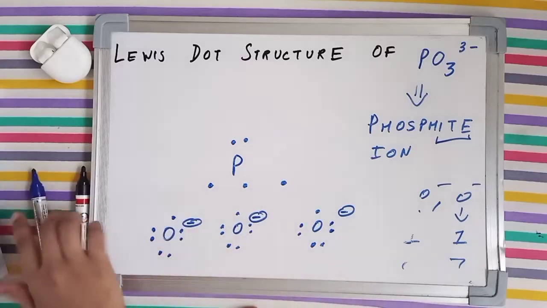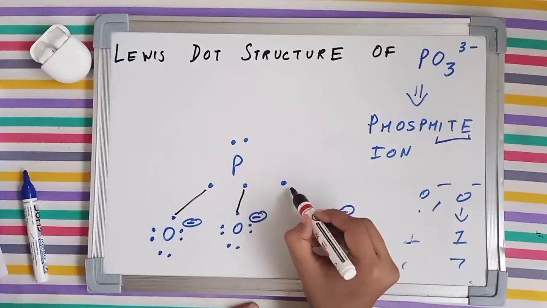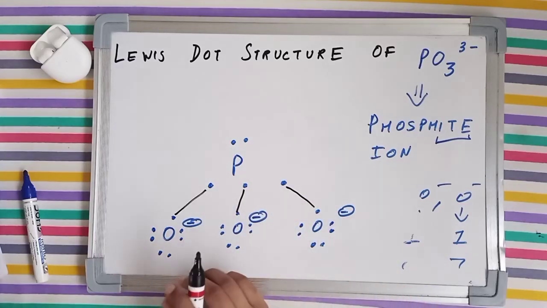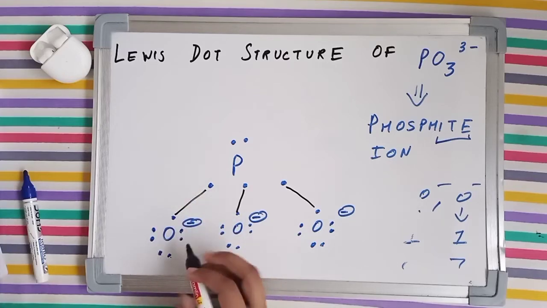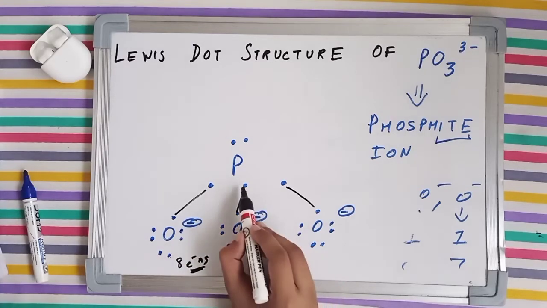Now as I said, O minus will make a single bond, so each O minus is going to make a single bond with phosphorus. And now let's count the number of electrons after bond formation for phosphorus as well as all these O minuses. So it has gained 8 electrons and its octet is complete and it is now stable.